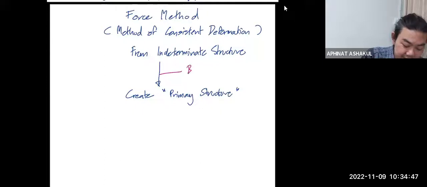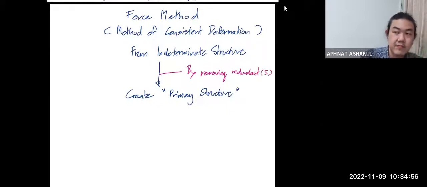By removing redundants. By removing redundants, you turn your indeterminate structure into a determinate one, which is called a primary structure.